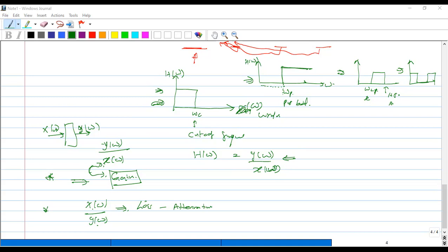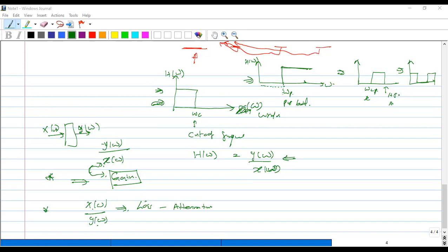Yeah, gain is output divided by input, no?